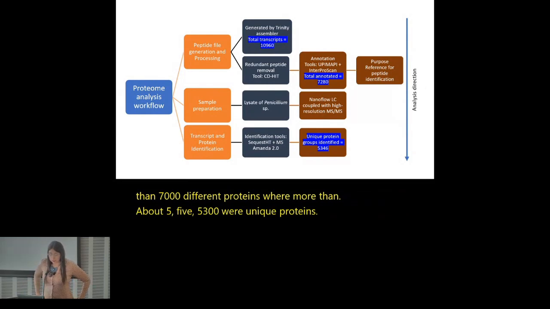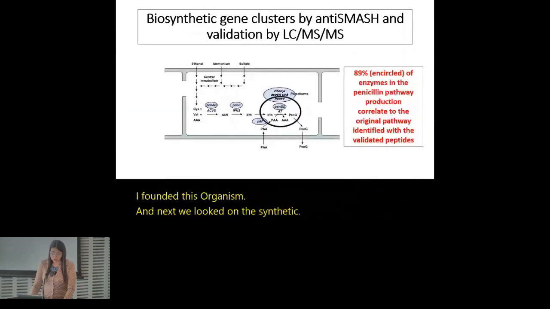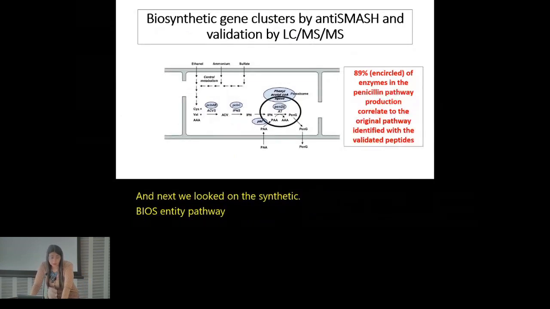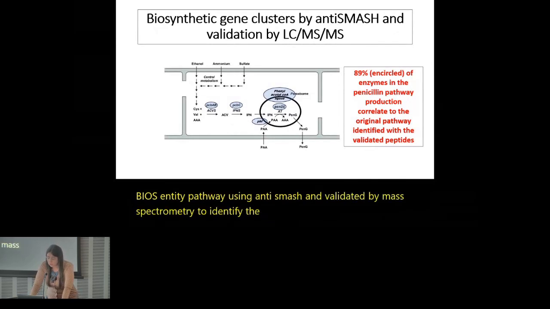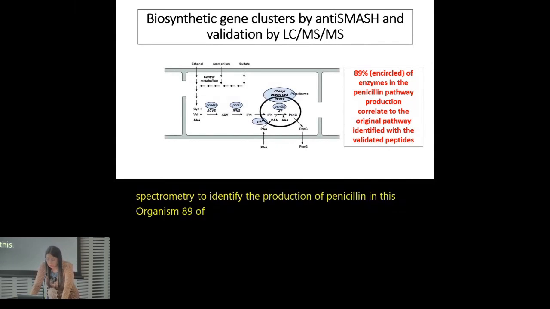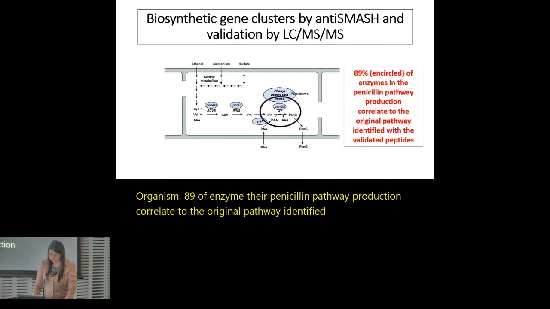Next, we looked at the biosynthetic pathway using antiSMASH, validated by mass spectrometry to identify the production of penicillin in this organism. 89 enzymes in the penicillin production pathway correlate to the original pathway, identified with validated peptides.